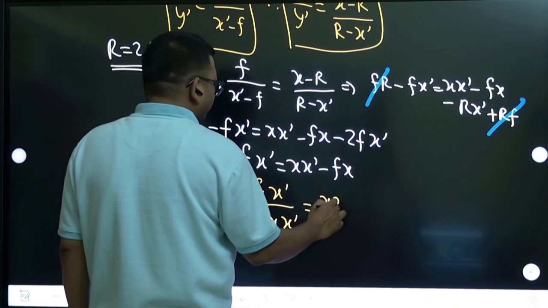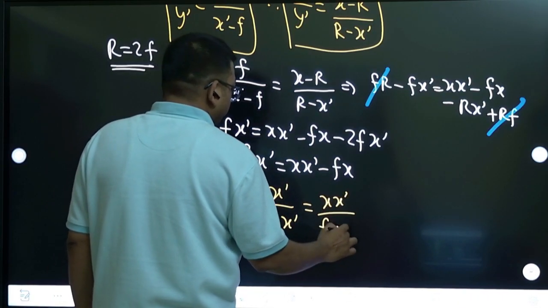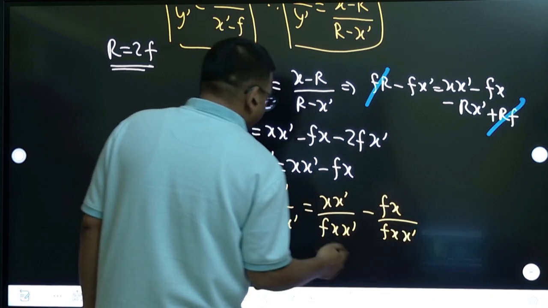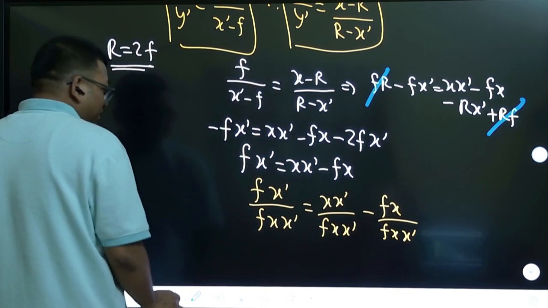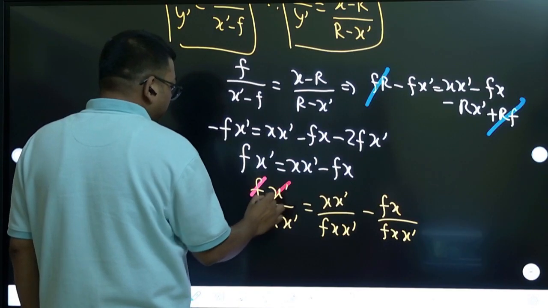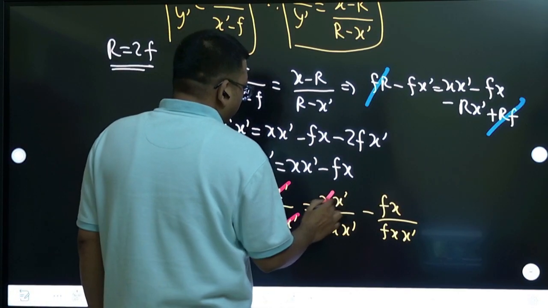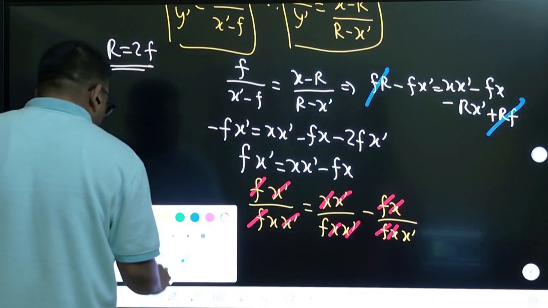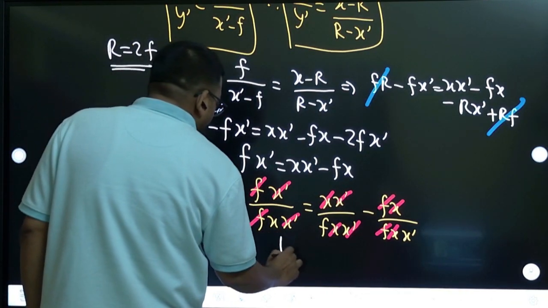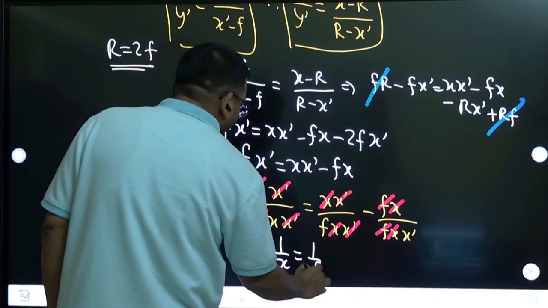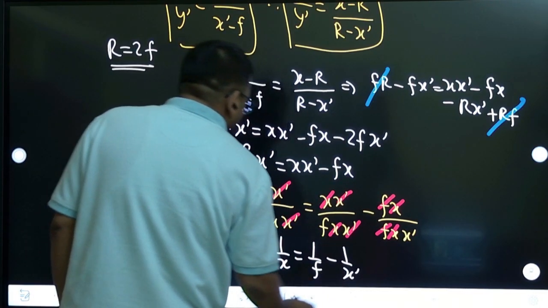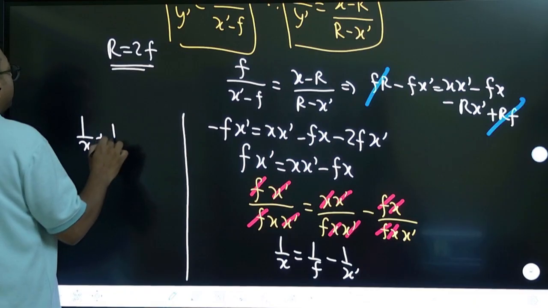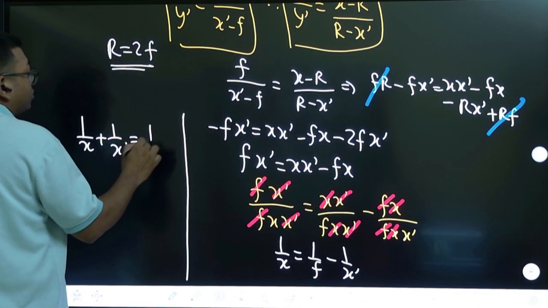If you divide it like this, then f will get cancelled, x will get cancelled, x dash gets cancelled, and fx gets cancelled. So finally we get 1 by x is equal to 1 by f minus 1 by x dash. Now we can conclude that 1 by x plus 1 by x dash is equal to 1 by f.